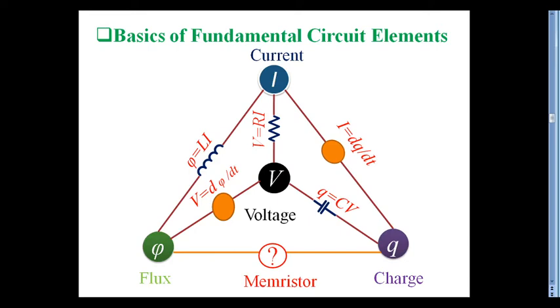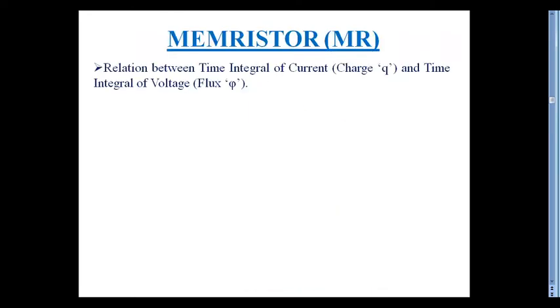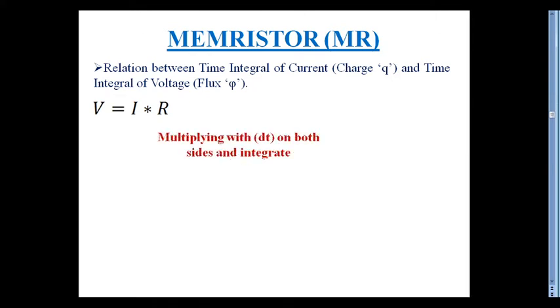So now we will derive the memristor equation that gives the relationship between charge and flux. So memristor is basically the relation between the charge, that is the time integral of current, and flux, the time integral of voltage. So you just start with V equals to IR, simple. After that, you just multiply dt on both sides and integrate it.